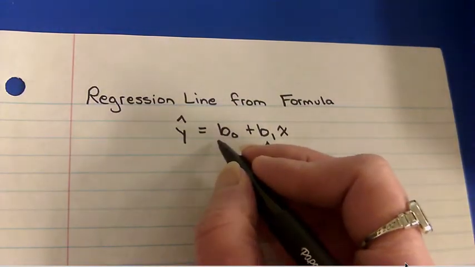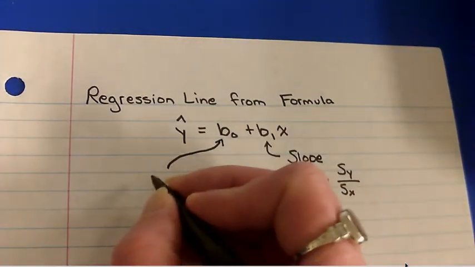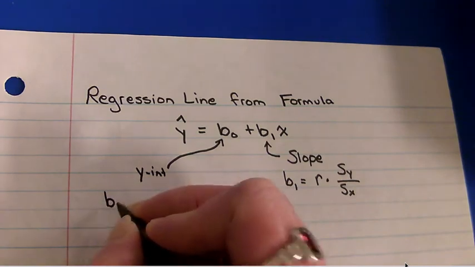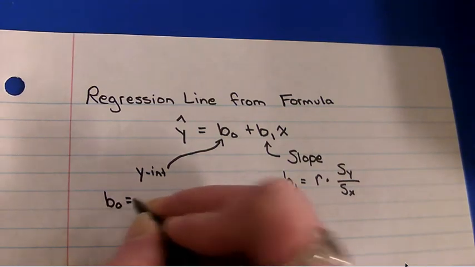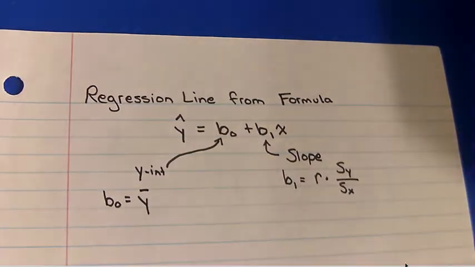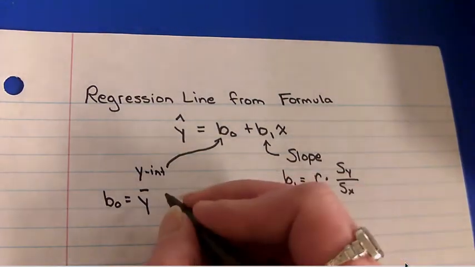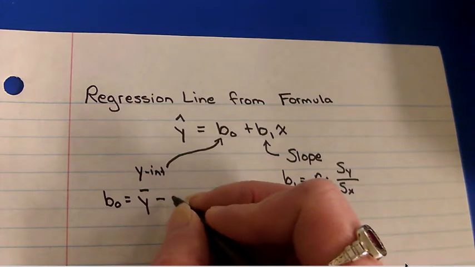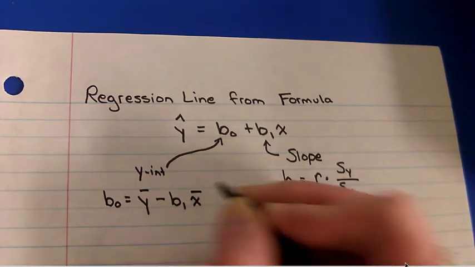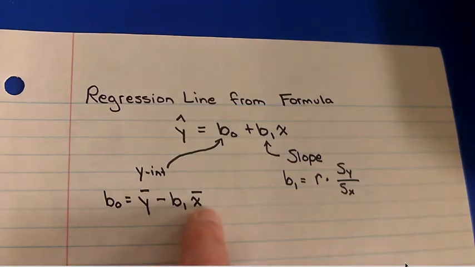Now the formula for the y-intercept, that one takes a little bit more to think about. It's not as easy to see thinking about it logically, but let's just see what the pieces are. So x with the bar over it, that's the mean of the x's, average of the x's, and y bar is the average of the y's.